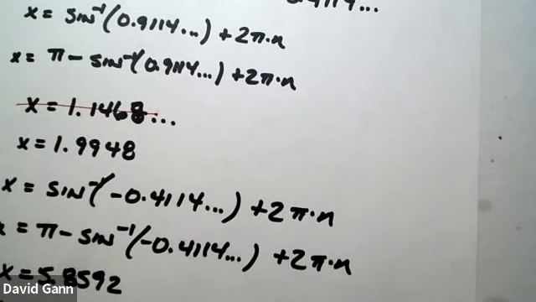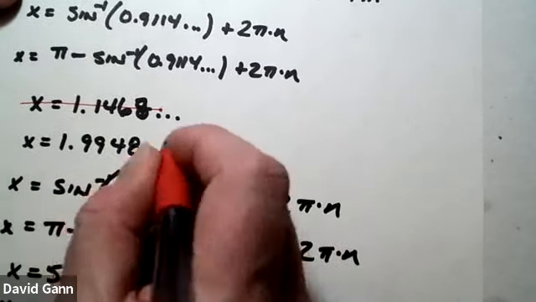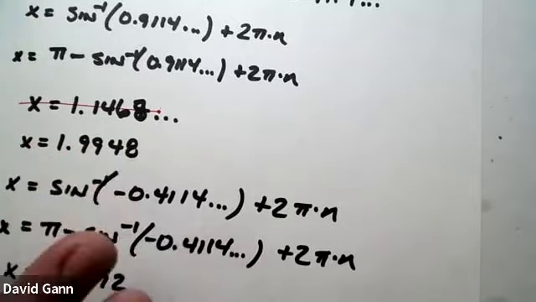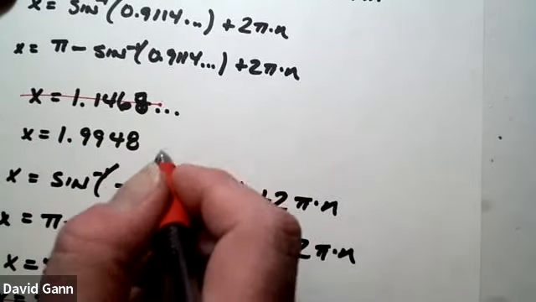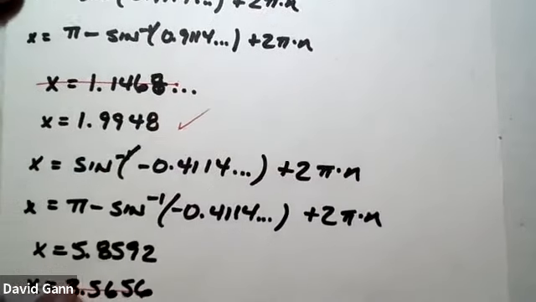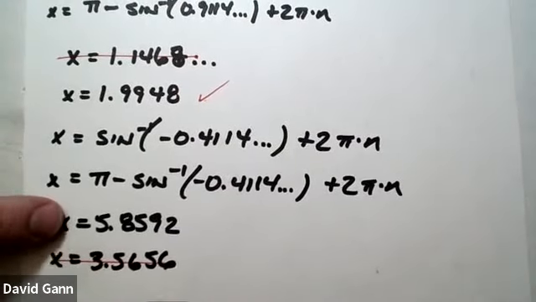Now 1.9948. Let me take the cosine of that and multiply by 2, then add the sine of 1.9948. And this one actually works. When you plug this in, you're going to get a little bit of rounding because we didn't put all the digits in here, but this one actually works. And I'm betting that this one will too.